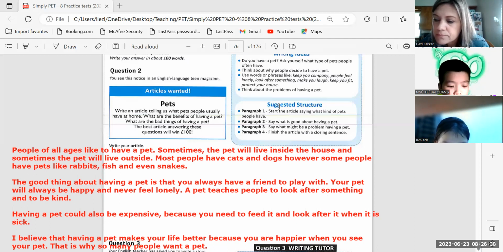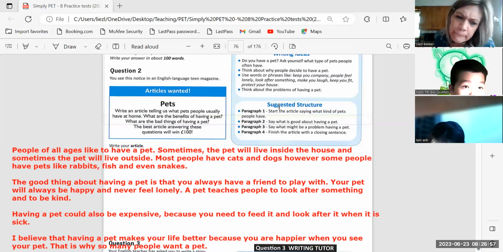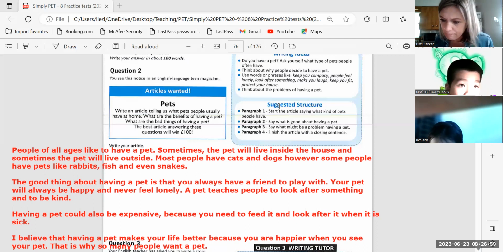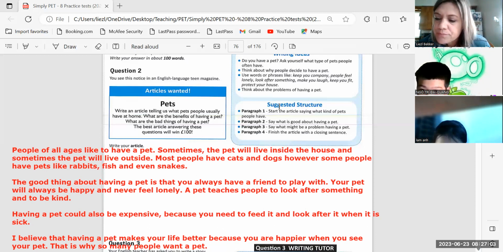The good thing about having a pet is that you always have a friend to play with. The pet will always be happy and never feel lonely. A pet teaches people to look after something and to be kind.